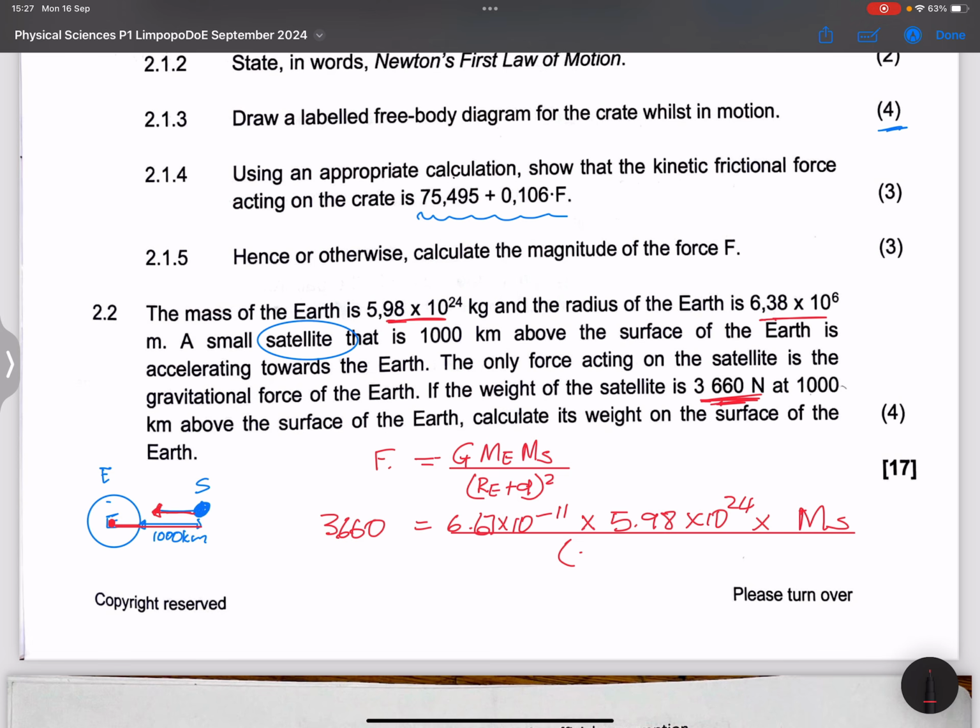Now remember, 1,000 kilometers is 1,000 times 10 to the power 3, which is actually 10 to the power 6. But remember to square that.